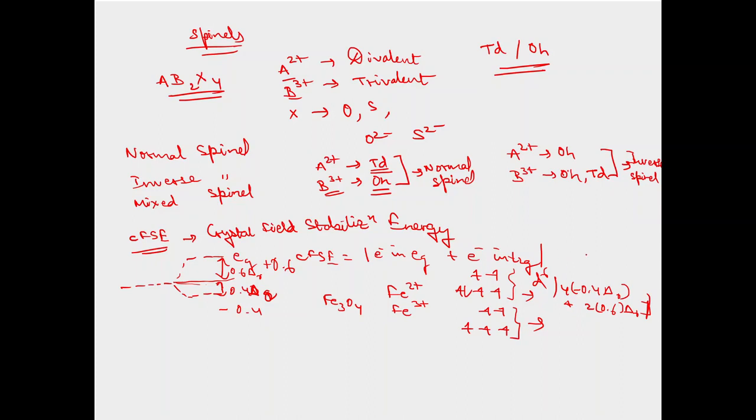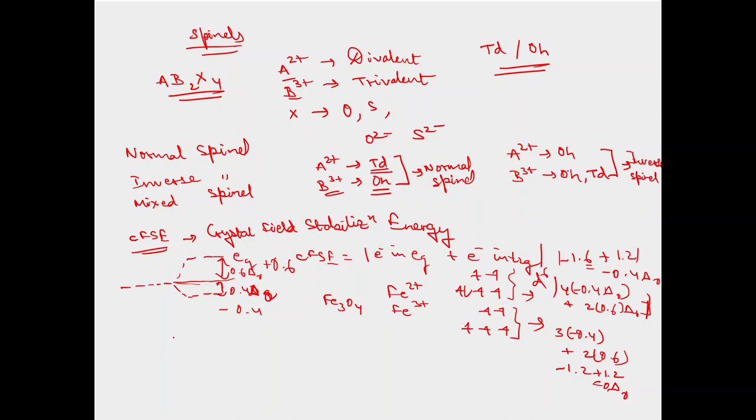So 4 fours are 16, it will be minus 1.6 plus 1.2, or minus 0.4 delta O. So it is stabilizing the energy. Whereas for Fe3 plus, there are 3 electrons in 0.4 and 2 electrons in 0.6, so it is minus 1.2 plus 1.2, which equals 0 delta O.